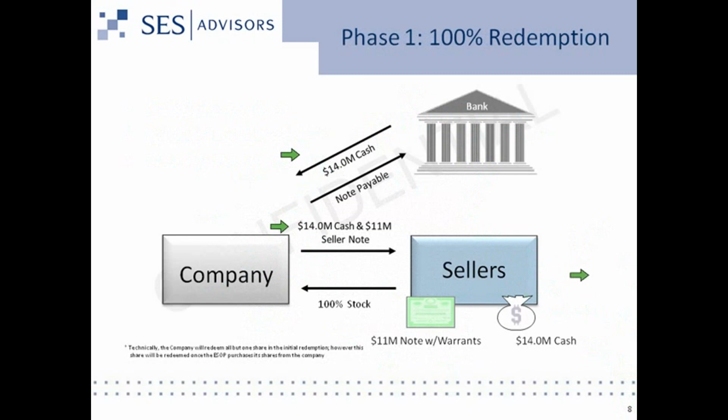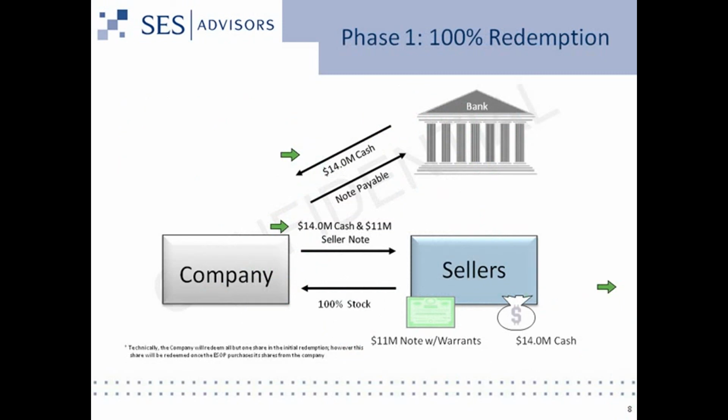Now, when we say all of the outstanding shares, there's a little asterisk that may be too small for you to read beneath the box that says company, which says that technically the company will redeem all but one share in the initial redemption transaction. And that is really a technical matter because we don't ever want there to be no shares outstanding.